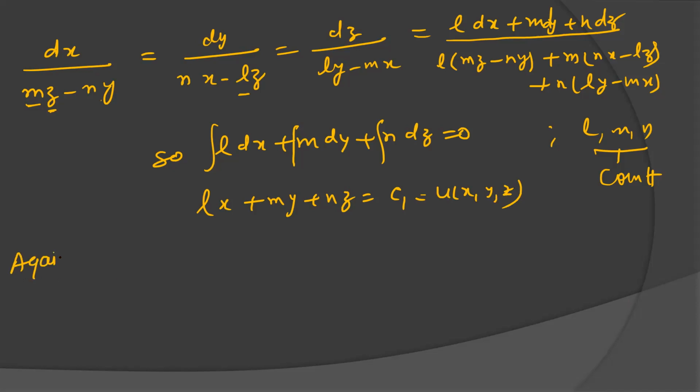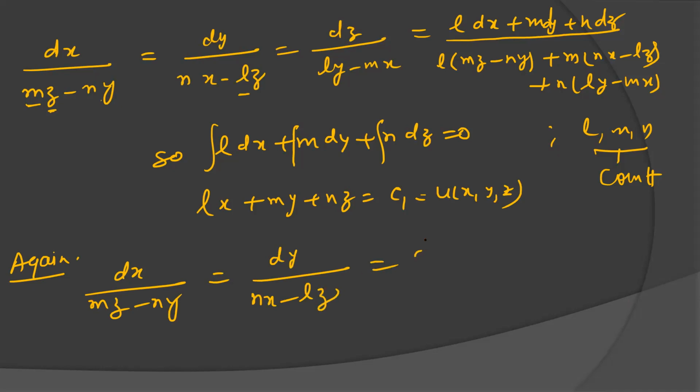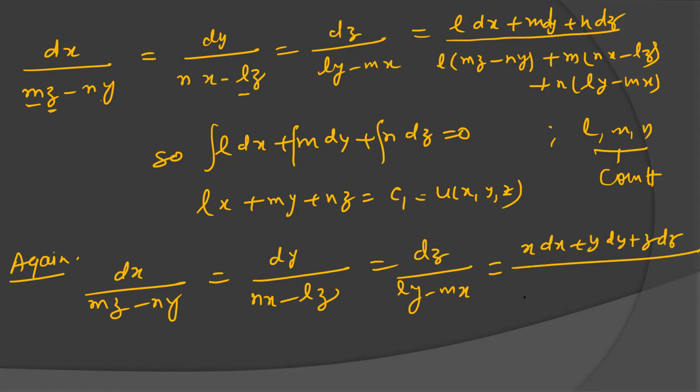Again for the second solution, write dx over mz minus ny equal to dy over nx minus lz equal to dz over ly minus mx. A similar method can be applied with x, y, z as multipliers. If you take x dx plus y dy plus z dz, you will get the denominator as 0, because here m and there m cancel.